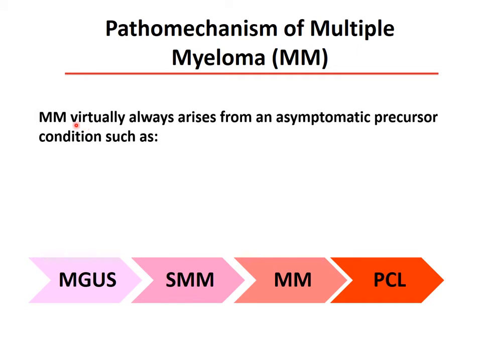This MGUS is relatively an asymptomatic precursor for multiple myeloma. The next step from MGUS is smoldering multiple myeloma, SMM. There we don't have as many plasma cells in the bone marrow, but we do have M protein as well. It has already started to develop.